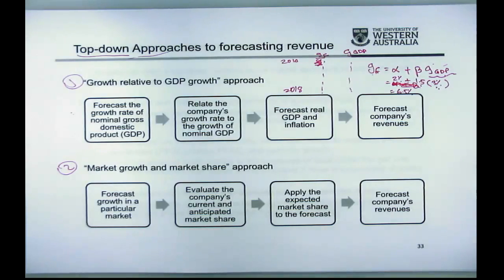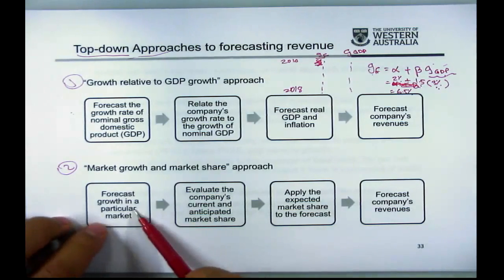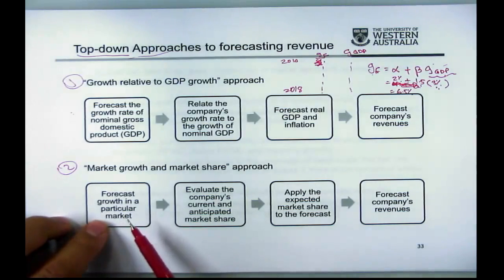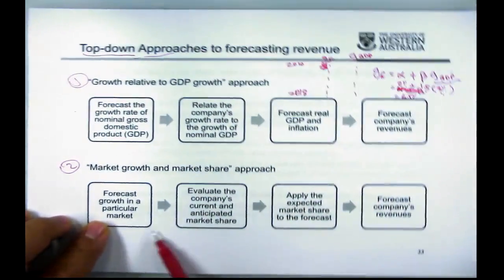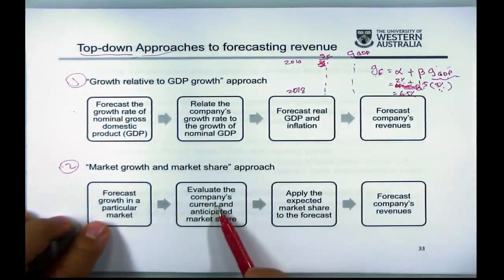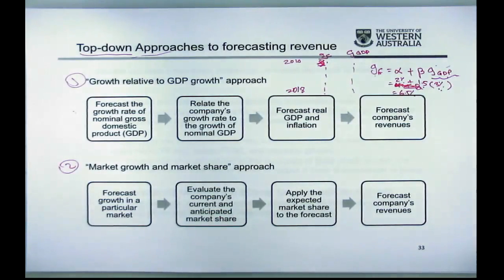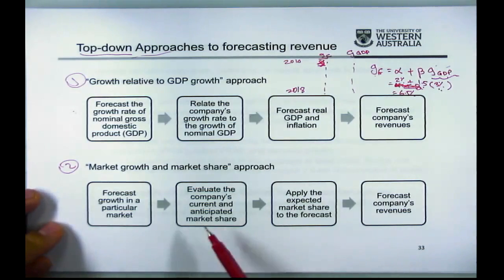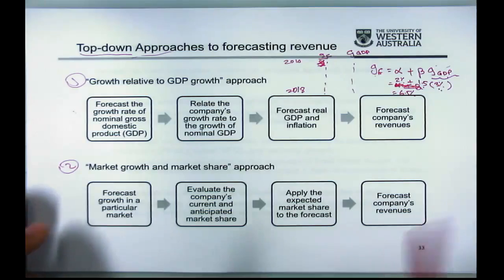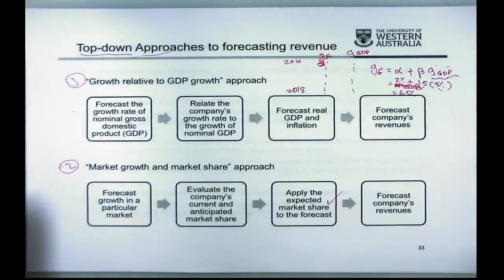Alternatively, we can relate the growth rate in the overall industry relative to the overall economy, forecast the sales for the whole industry, then we multiply the sales of the whole industry by what? By the expected market share of our firm.